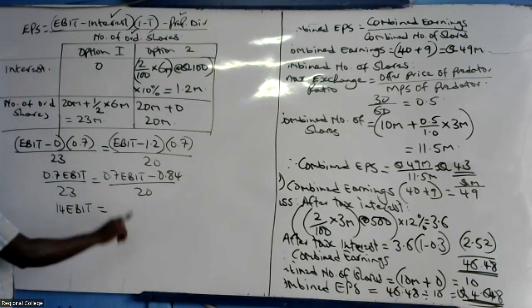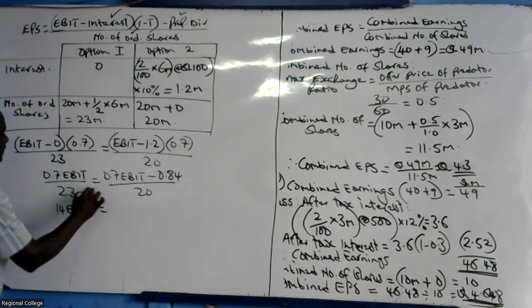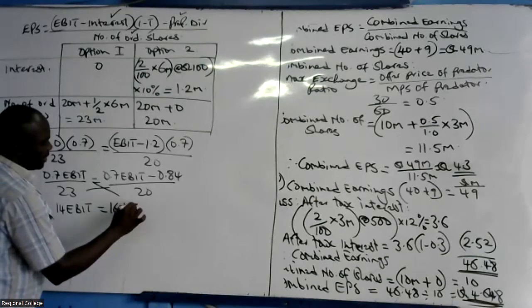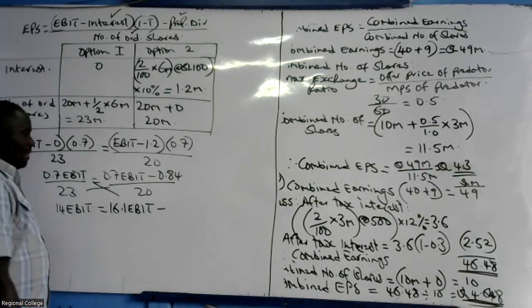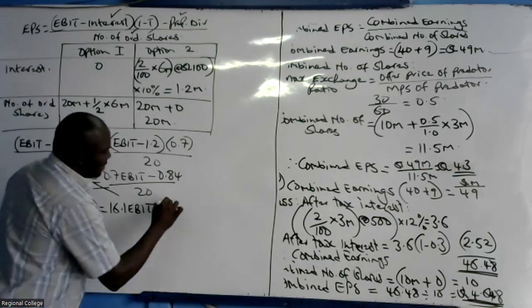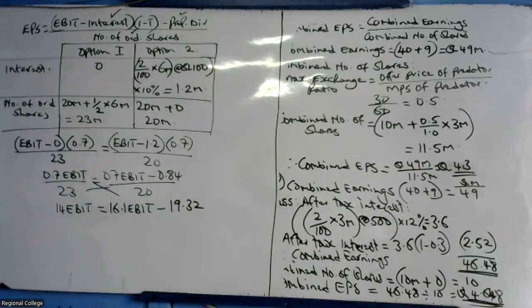Then 23 times 0.7 is 16.1 EBIT, minus 23 times 0.84, which is 19.32.